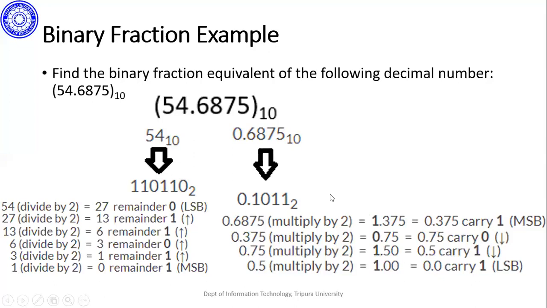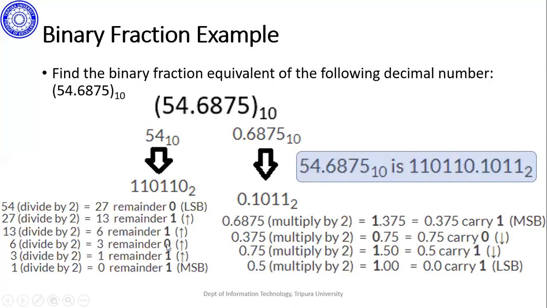So in total what we get is 110110, and after the point we have 1011. Here we take it from MSB to LSB, and here we come from MSB to LSB. So in this case we take 110110 this side, whereas here we come down as 1011. So it's something like a circular thing.